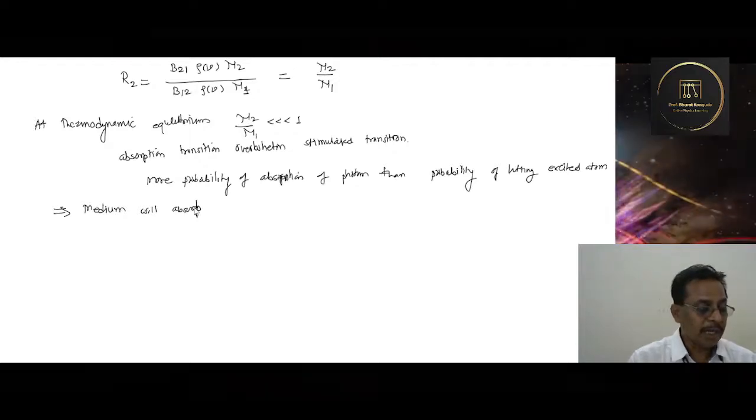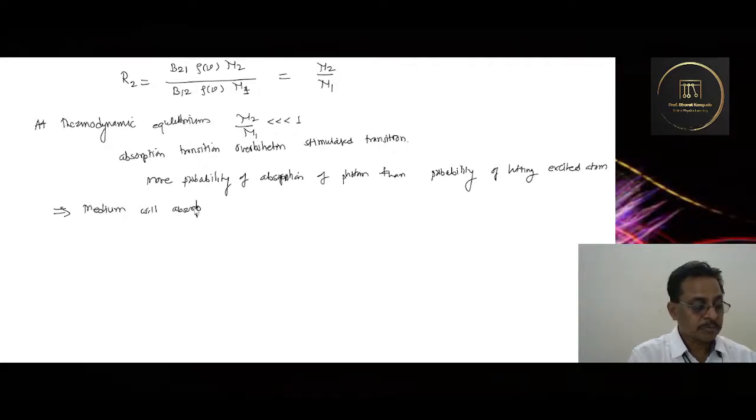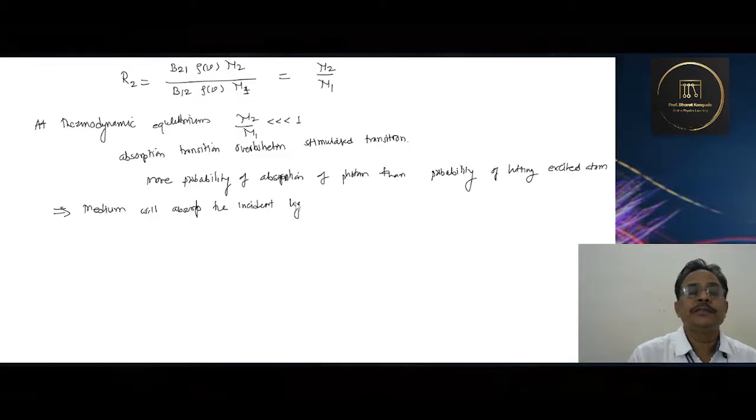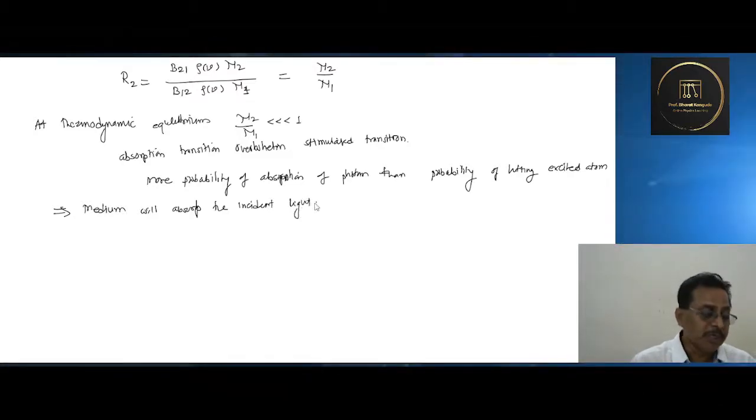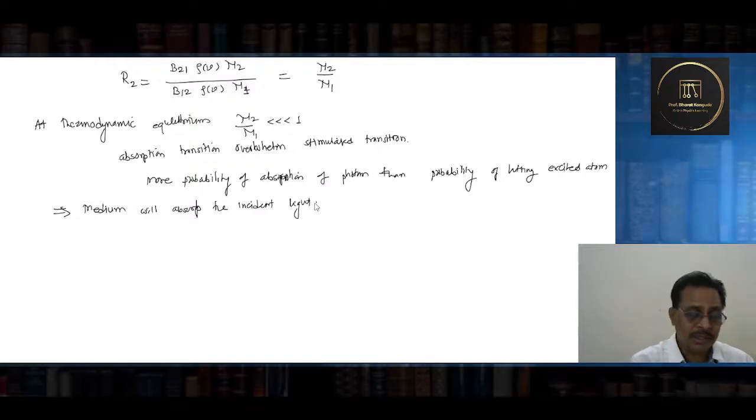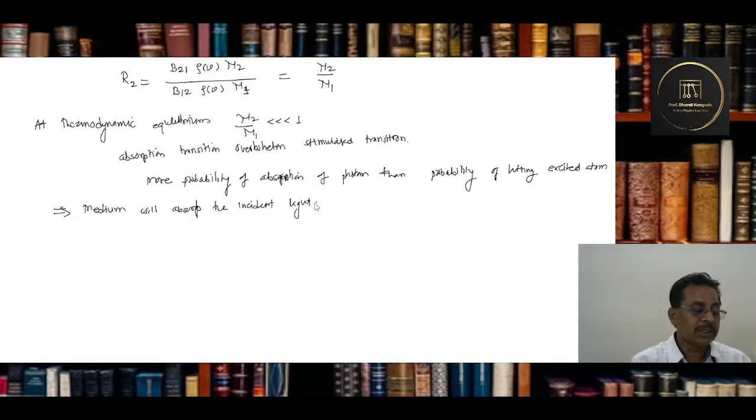Rather than producing stimulated emission, most of the light will be absorbed by the material medium, and most of the atoms in state N1, or energy state E1, will try to reach the state N2.